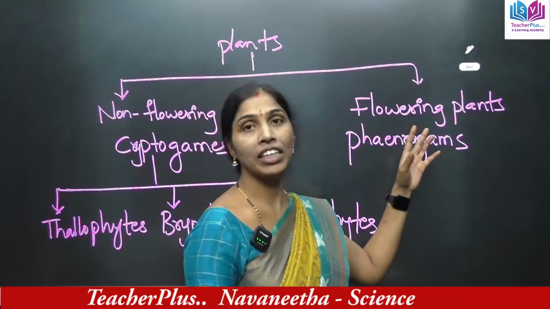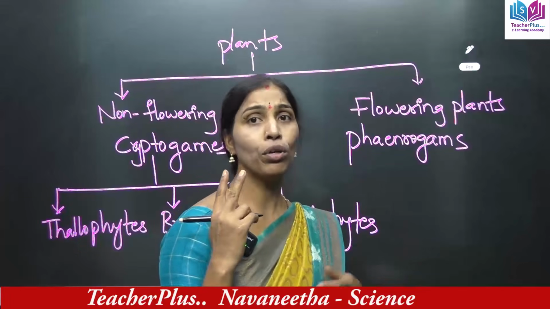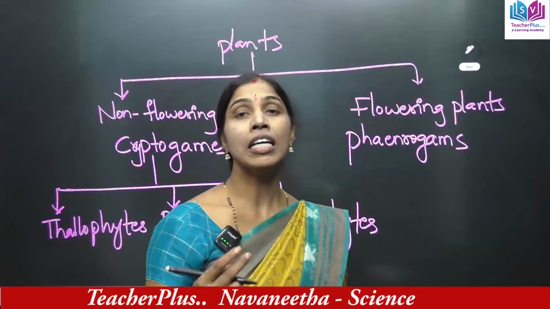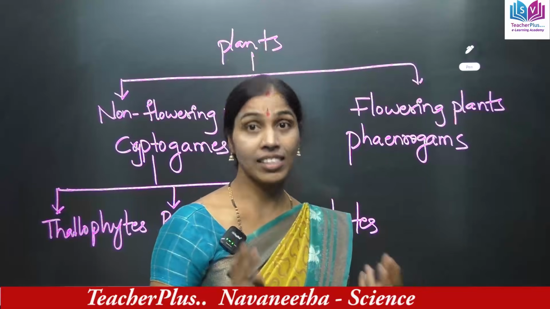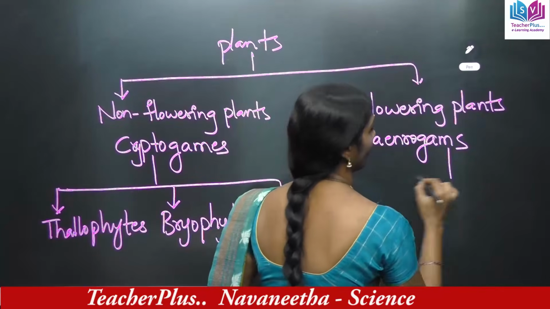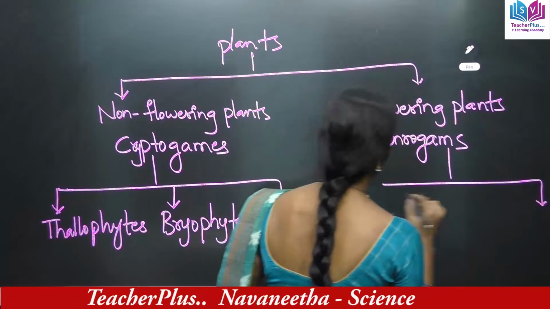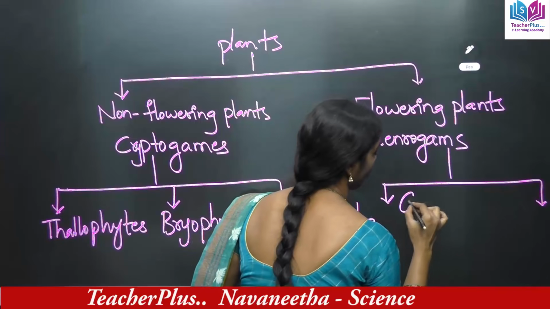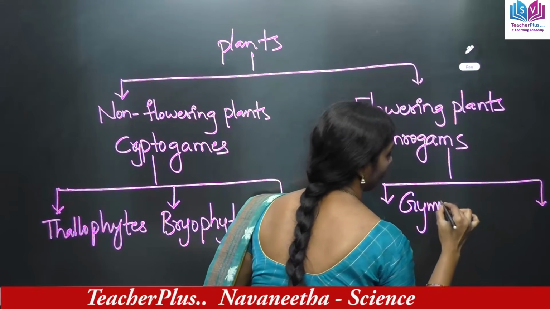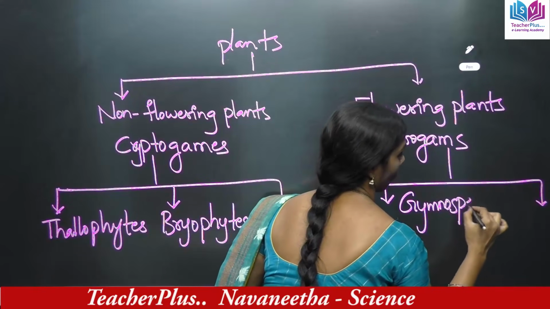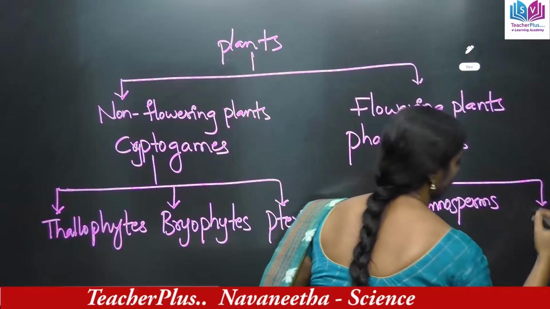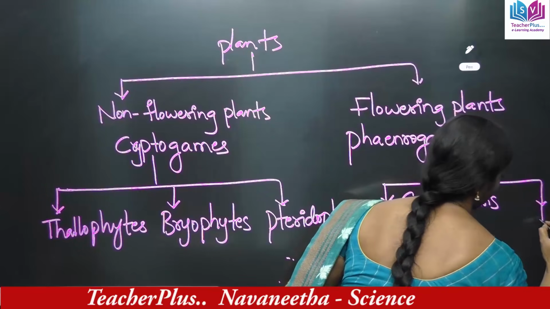And coming to flowering plants, again divided into two types based on seed arrangement and seed structure. There are two types. One is gymnosperm and the second one is angiosperm.